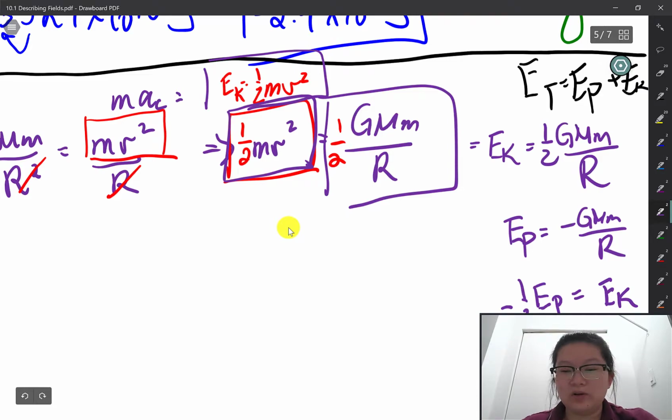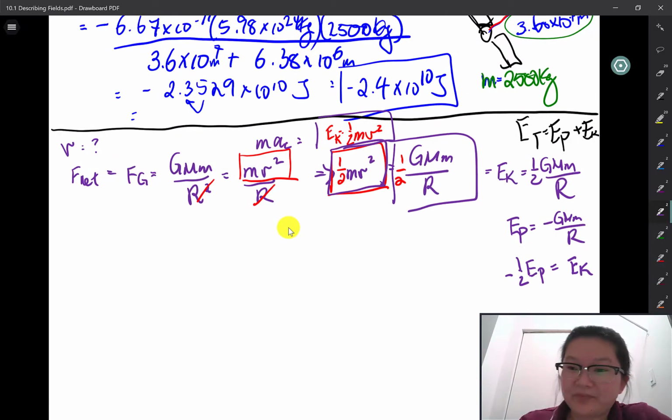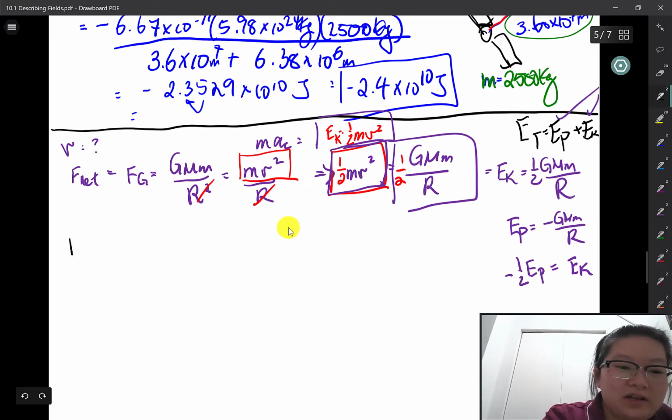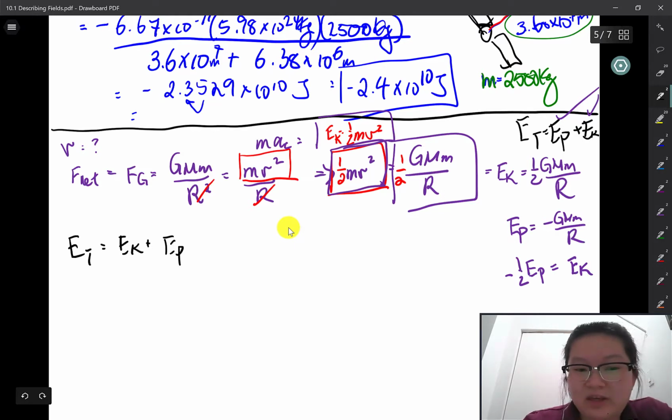Damn, that's pretty cool. Hey, and guess what? Since we know the kinetic energy and the potential energy, let's solve for the total energy. Total energy equals the sum of all energies, which will only be EK and EP in our case.